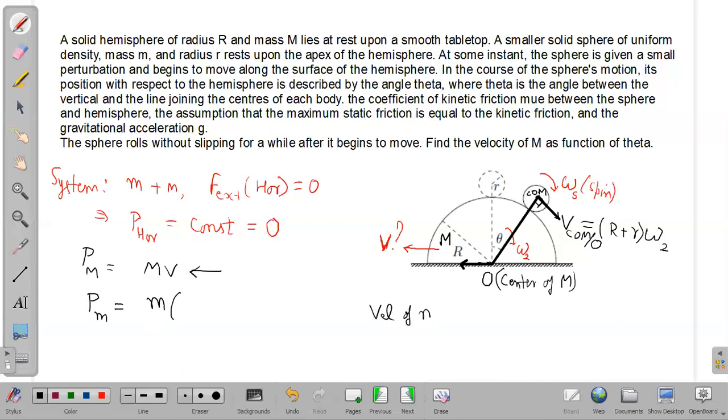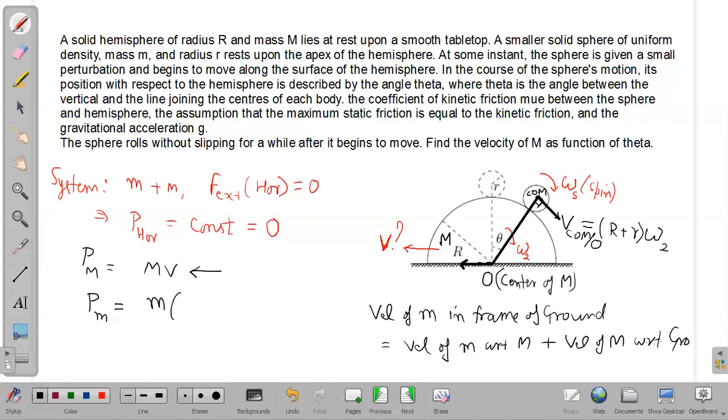If the velocity of m in the frame of ground is required, then you can write it as the velocity of m with respect to capital M plus the velocity of capital M with respect to ground, by the definition of relative velocity. And I have to do that in vector form also. While adding these two velocities, take care of the vectors.